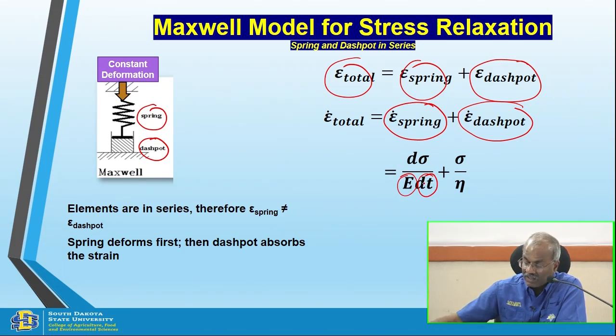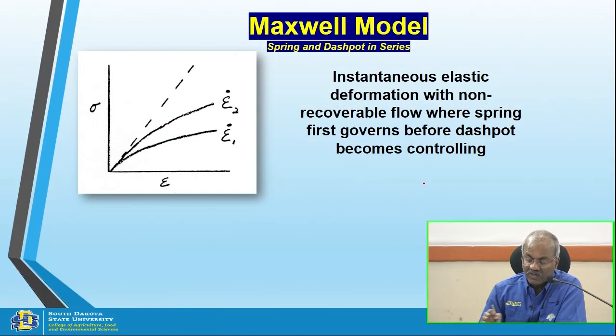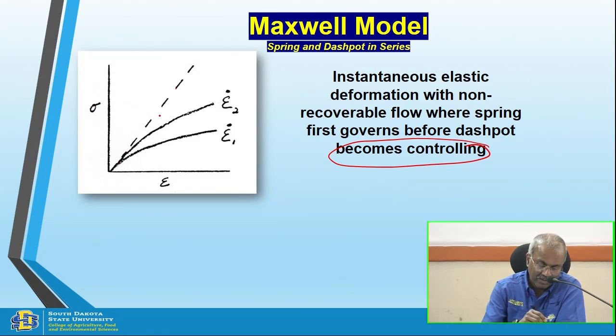That's what is happening with the Maxwell model. So the spring first governs before the dashpot becomes the controlling factor. So stress over strain is the classical spring model, but with the dashpot attached, you get two different strain rates because they have their own strain rate and they need to be accounted for.